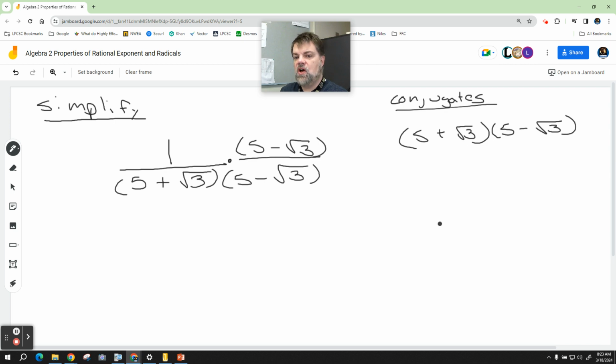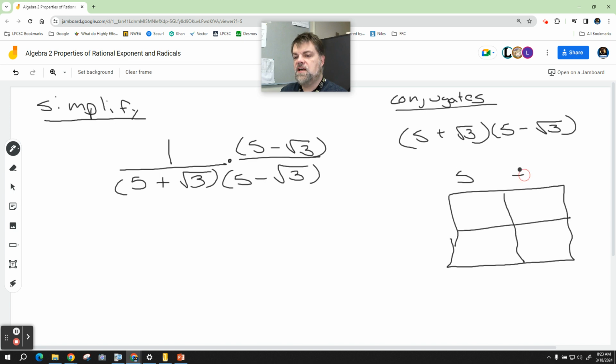And so when you multiply this out, we still use the grid like we did before for quadratics. And I say 5 plus the square root of 3, and then 5 minus the square root of 3. My box doesn't look all that great here. I've got to recalibrate the tablet.